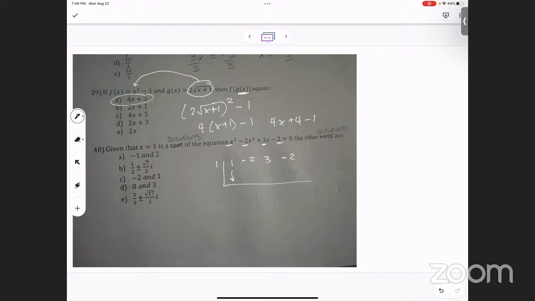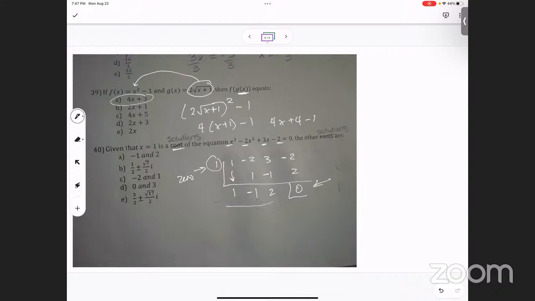Okay, you drop this down, you multiply, and you put it here. You add straight down, you multiply, and you put it here. You add straight down, you multiply, and you put it here. And that 0 means that this was a 0 or a solution or a root, right? A root and a 0 and a solution, those all mean the same thing.